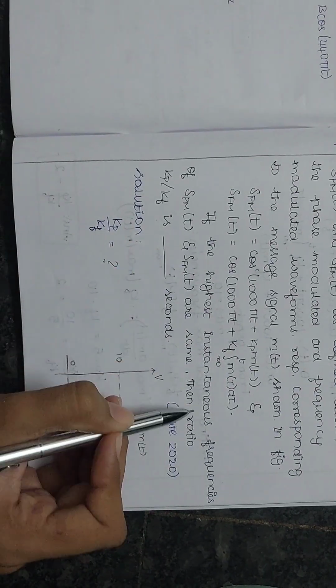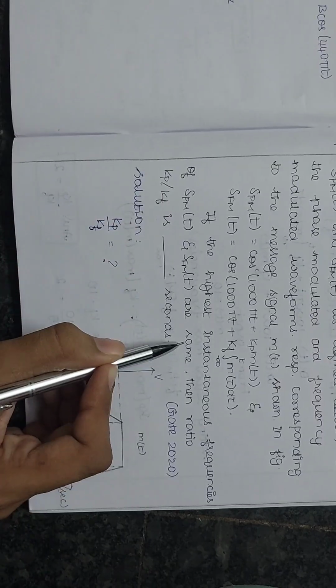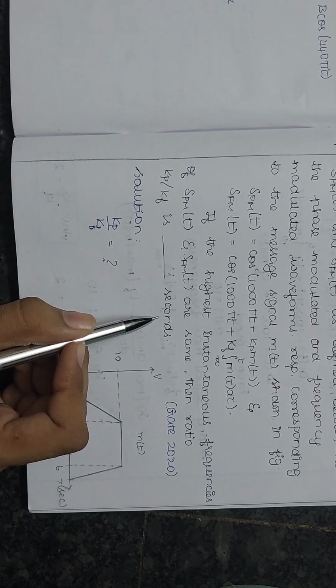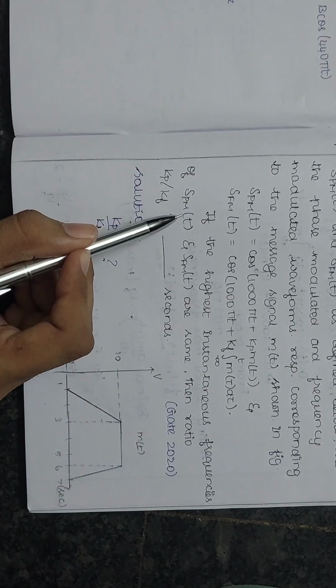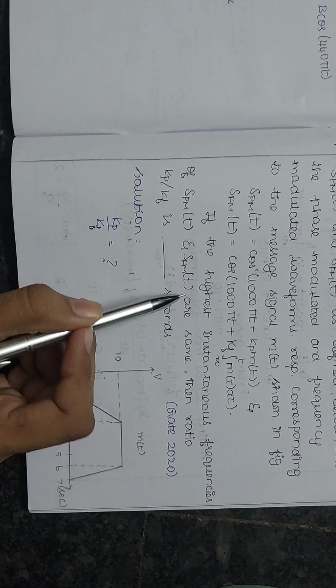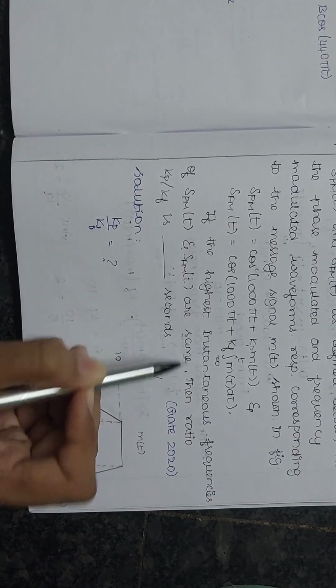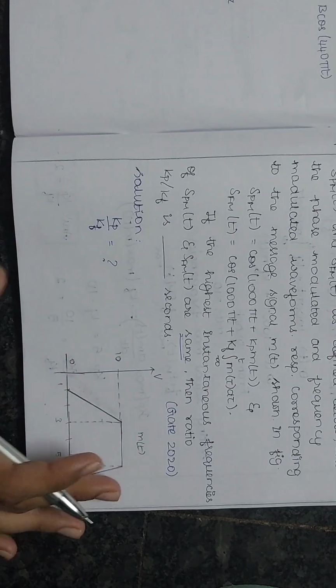If the highest instantaneous frequencies of S PM of t and S FM of t are the same, then what is the ratio of Kp by Kf? They asked us to assume that S PM and S FM have maximum frequencies that are equal, and from that we have to find the ratio Kp by Kf.